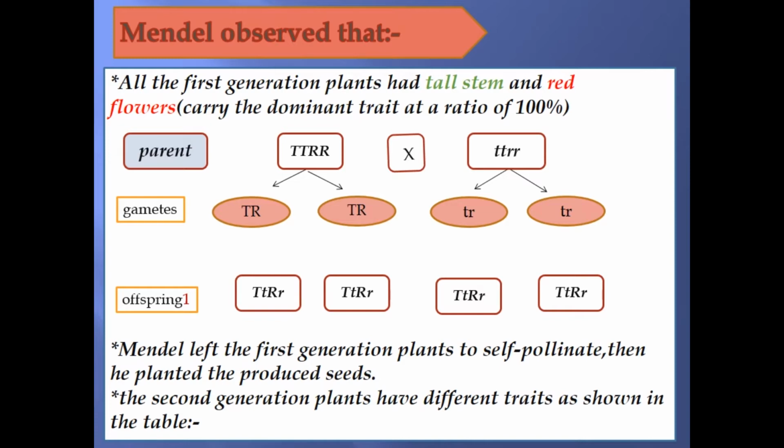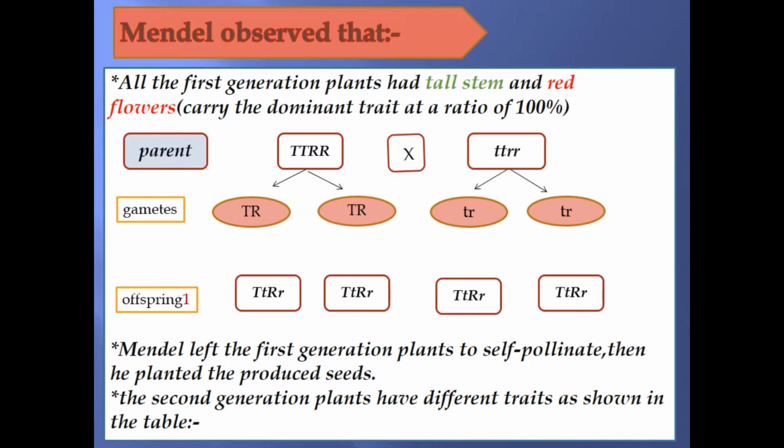Then, these gametes are gathered to produce individuals of the first generation. And as you can see, 100% of the plants growing in the first generation are of the dominant traits, tall stem and red flowers.